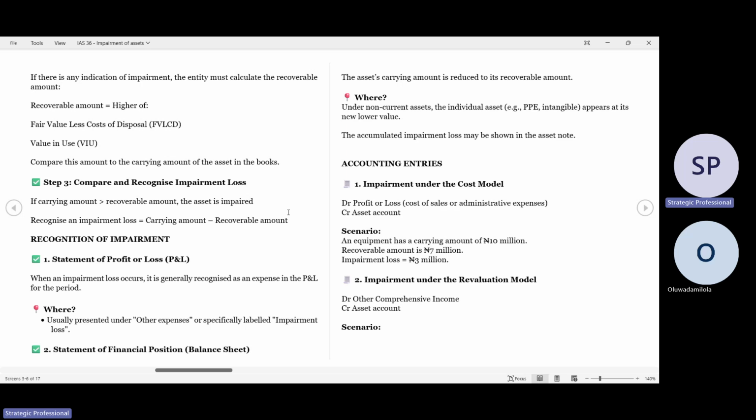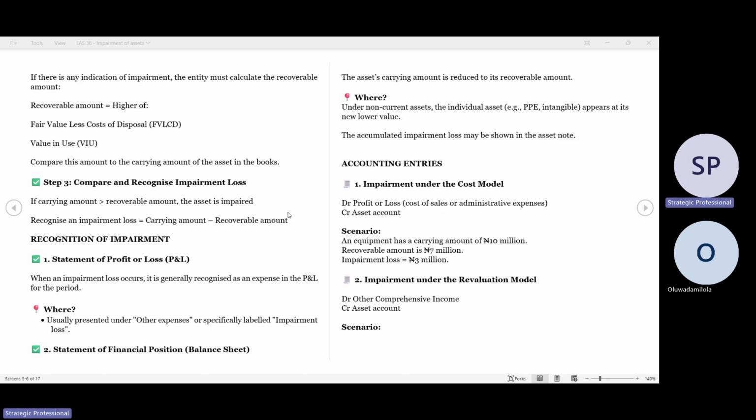So what this means is that impairment test is carried out by comparing your carrying amount of an asset with the recoverable amount. Once the carrying amount is more than the recoverable amount, impairment loss has occurred.